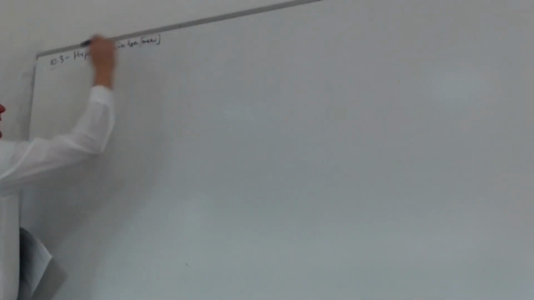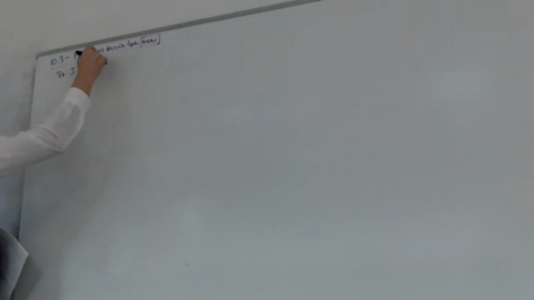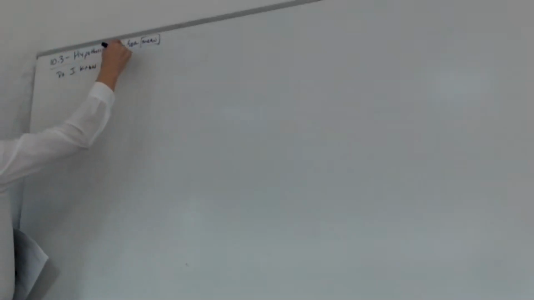Now, actually, before I do that, hypothesis testing for a mean. I'm going to add one question to what we added yesterday. This is actually kind of part of step 3, but I'm going to tell it to you right now. When you're testing for a mean, the question you should ask yourself is, do I know the population standard deviation? I think I asked you this when we did the confidence intervals.